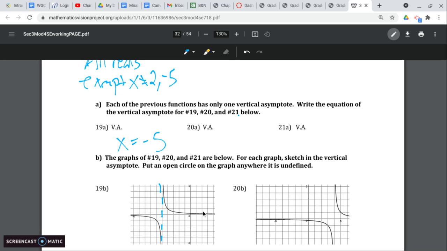So we need a nice little open circle, kind of. Be careful with those, but you're just looking for the one that cancels out. That's where you're going to put the open circle, okay?